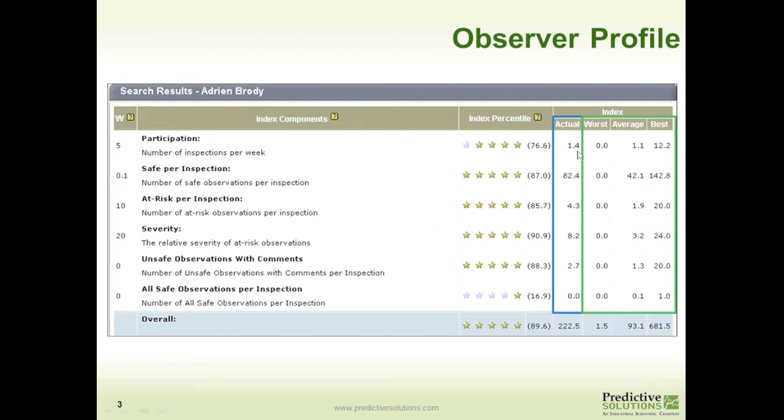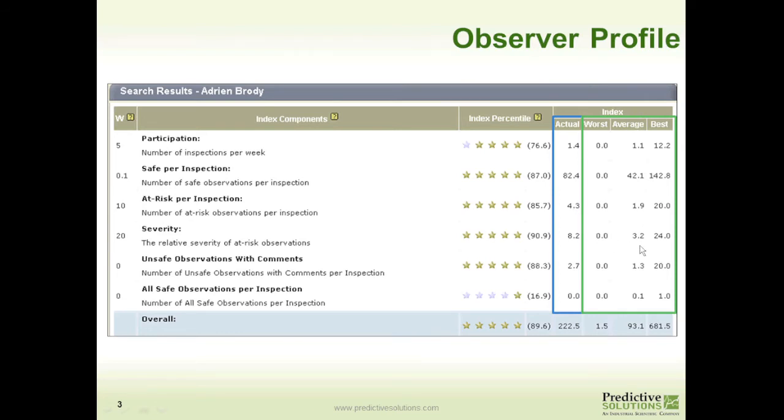So as I look, he's doing 1.4 inspections per week. This is great, but what is his expectation? Have we set one for him? He's collecting 82 safe per inspection. That's almost double the company average of 42, which is fantastic. His number of at-risk per inspection is 4.3, the company average being 1.9. Again, more than double.